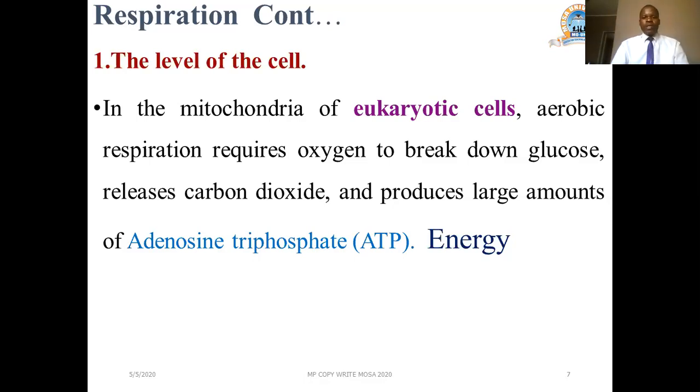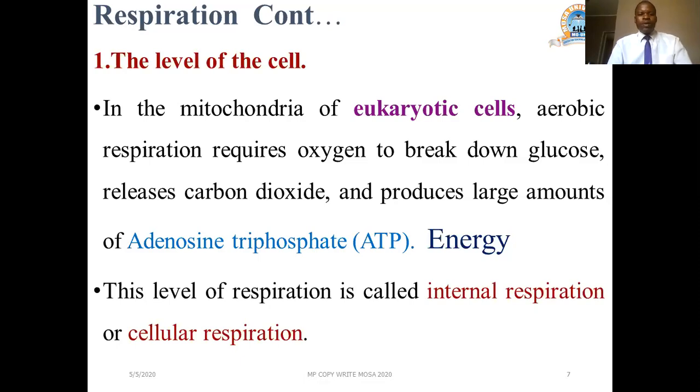This level of respiration is called internal respiration or cellular respiration, where oxygen is needed at the cellular level to break down glucose so that various reactions can take place and release a large amount of adenosine triphosphate, which is energy in the form of ATP.